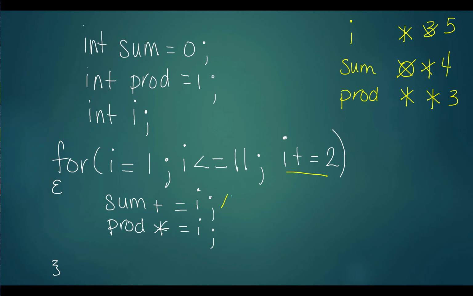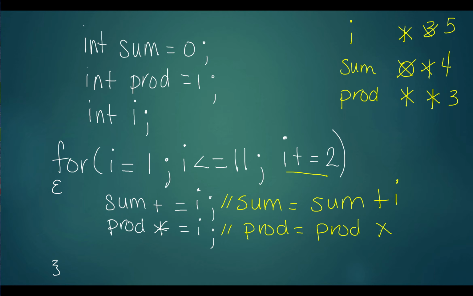Keep in mind that this is the same thing as sum equals sum plus I. And this is the same thing as prod equals prod times I. So sum is currently 4, so it'll take the 4, then it will add the 5, which is I, and it'll change the value of sum to 9. It'll take the current product, which is 3, multiply times I, which is 5, and change that product to 15.